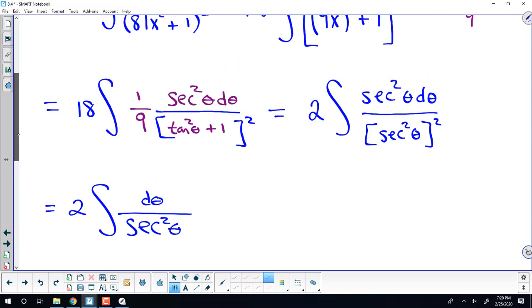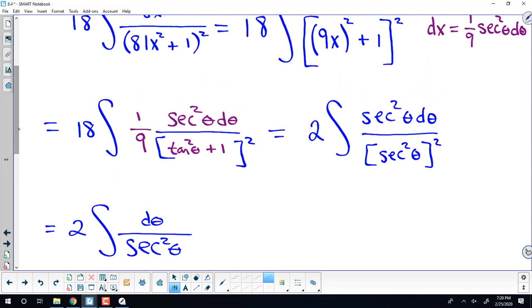All right. Is that okay? Does anyone have questions on what we've done? How do we find the antiderivative of 1 over secant squared? Yeah, you just call it cosine squared.